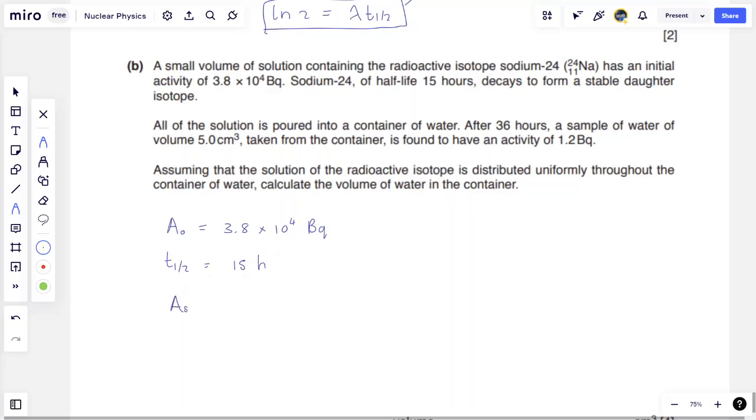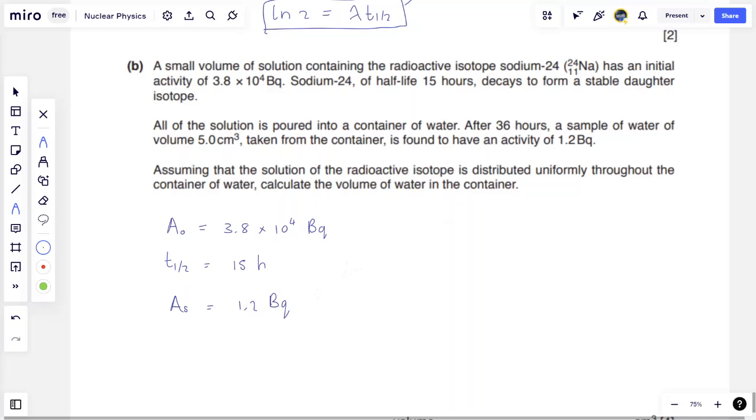And when I mix the water with the sample of sodium-24 and I calculate the activity of this 5 cubic centimeter sample, I'm going to call this activity AS for the sample. This is 1.2 becquerel. I don't really know where that value will come in just yet.